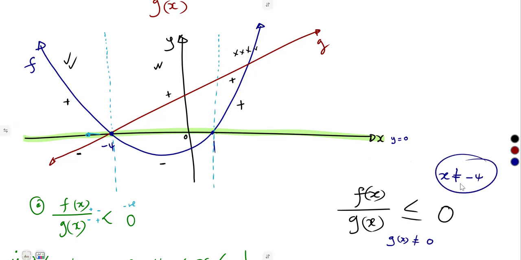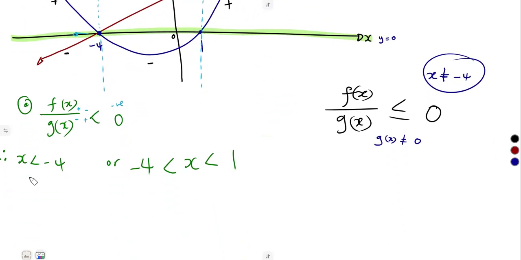So if x cannot be equal to -4, as part of our solution here we cannot write x is less than or equal to -4. Therefore, our solution is just x is less than -4.